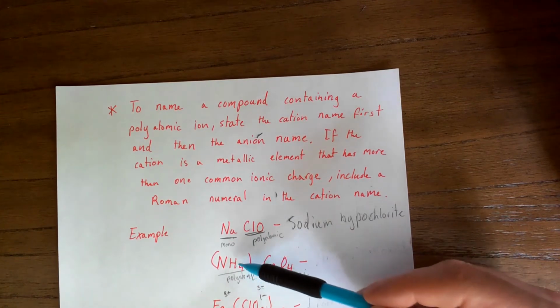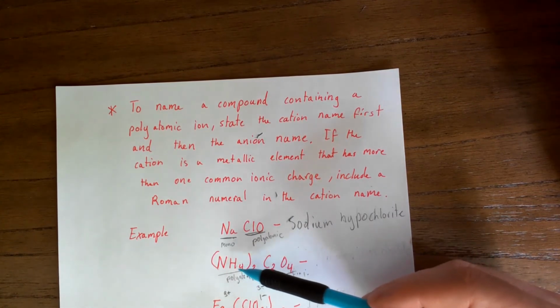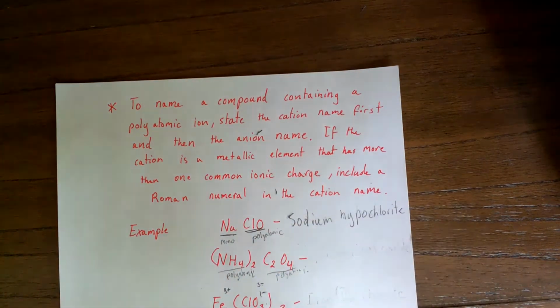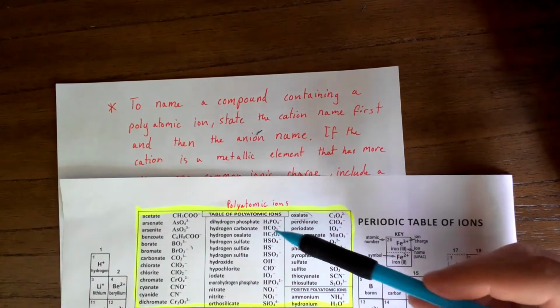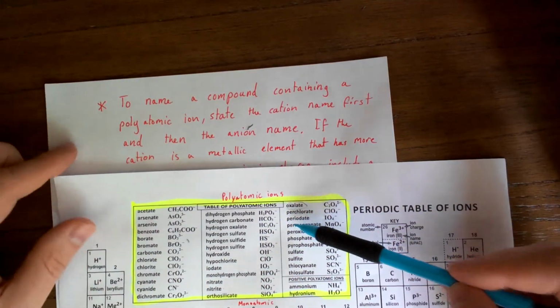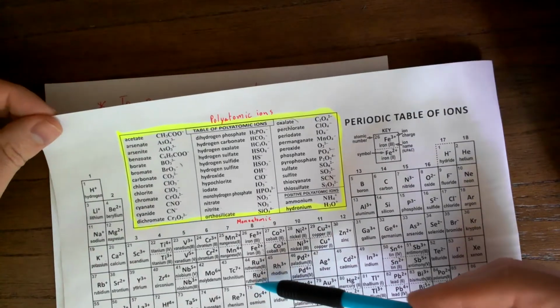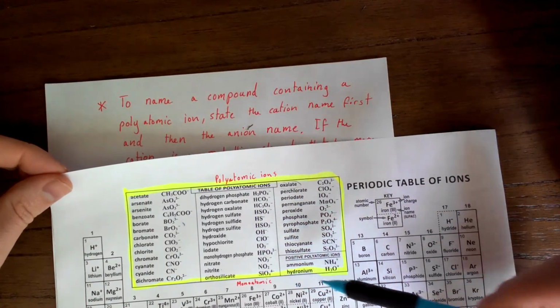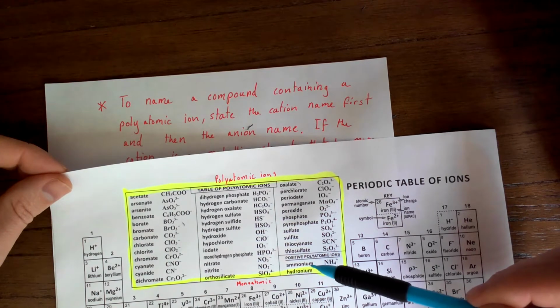Notice that here we have two polyatomic ions, NH4 and C2O4. So we've got to use the chart over here, where the polyatomic ions are found in this periodic table of ions above the monatomic ions. So here are the polyatomic ions. NH4, the positive ion, is at the bottom right of the polyatomic chart.